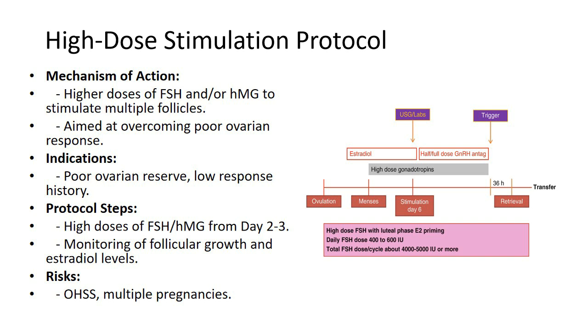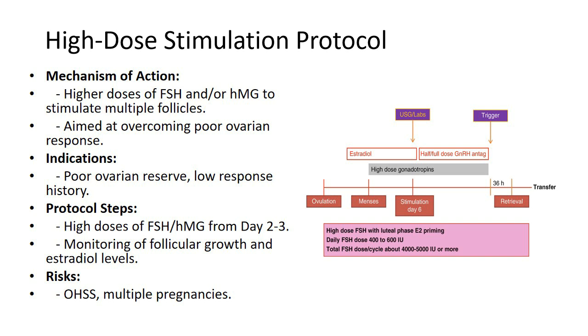Choosing the right protocol: patient-specific approach. Patient profile and best protocol. Young, good responders: conventional IVF, long protocol. Poor ovarian reserve, low AMH, high FSH: mild stimulation or GnRH antagonist.